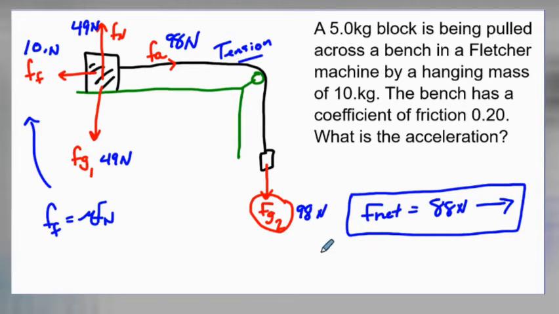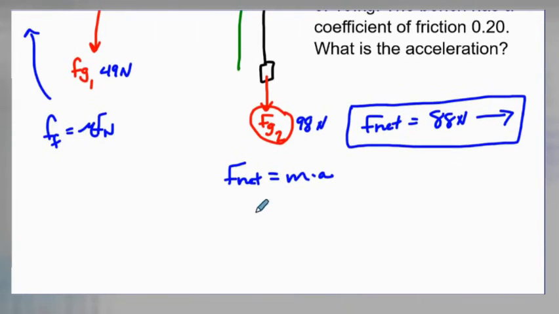Now, the one last trick in solving these problems is when we're trying to find our acceleration. Remember that our F net is mass times acceleration. The problem we have here is that we have two masses. Because they are hooked together, they are moving together, and we treat them together.